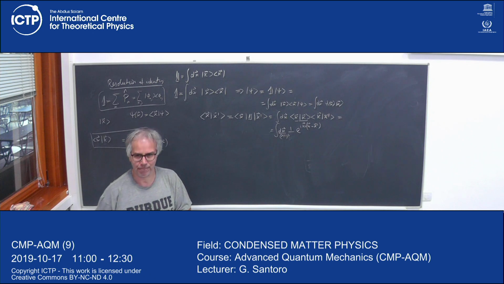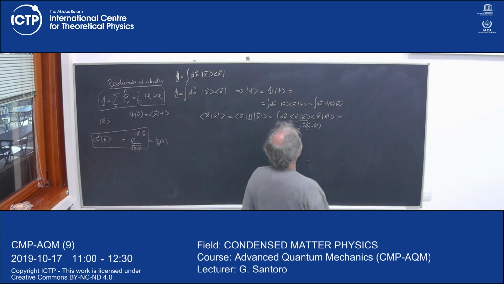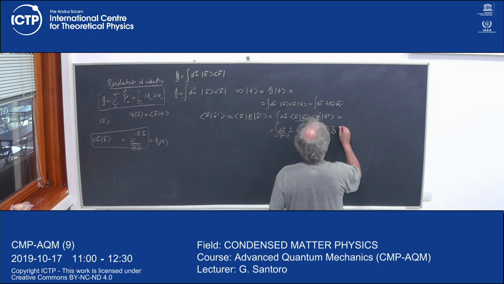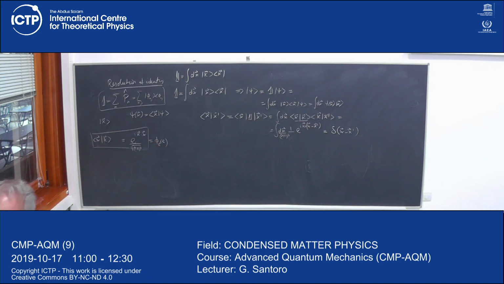Please look at it, and you will see that you can make sense of this thing as being the delta function of x minus x prime. Please look at the couple of pages where you see different ways of representing the Dirac delta function. Quite useful in practice, by the way.